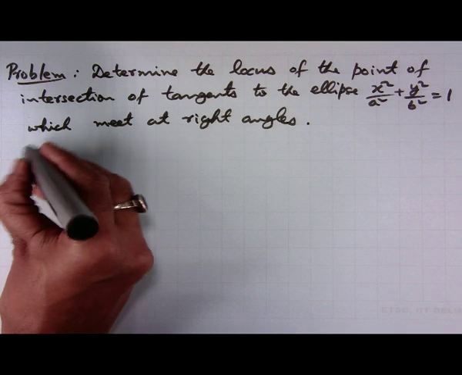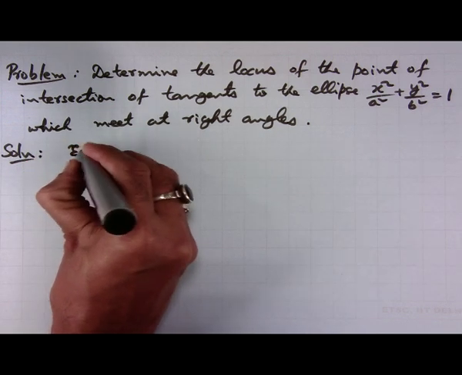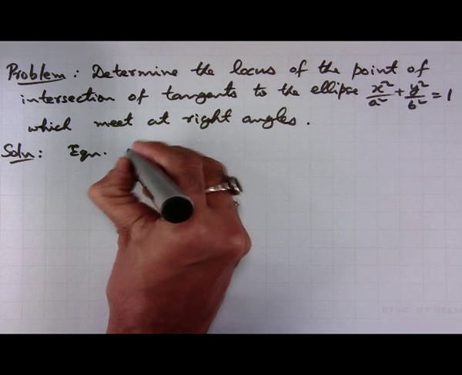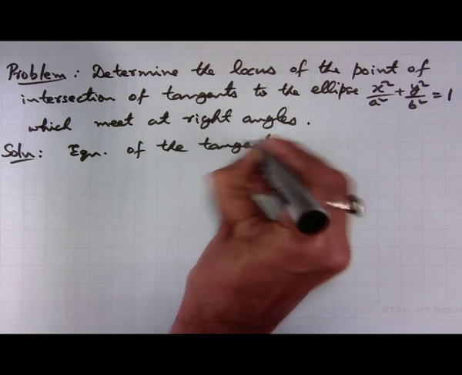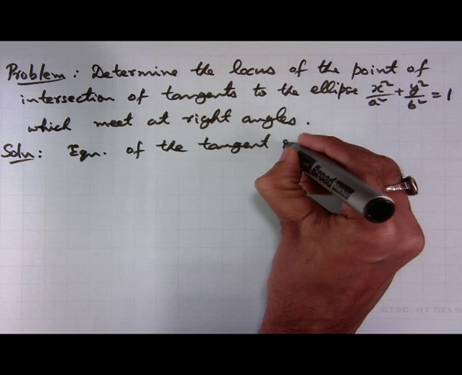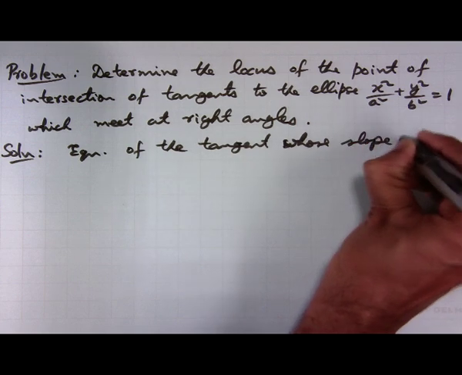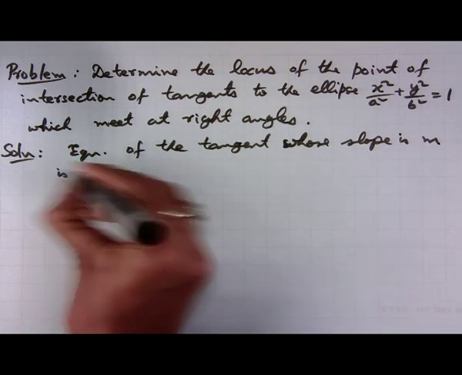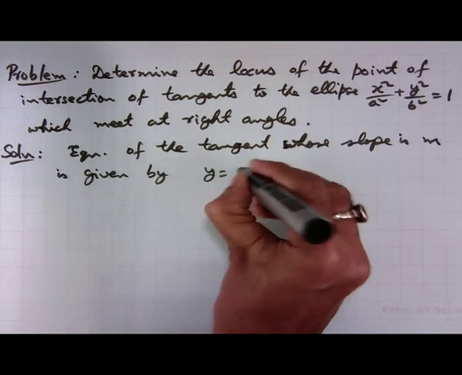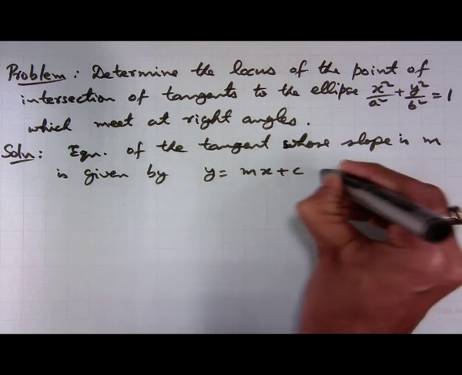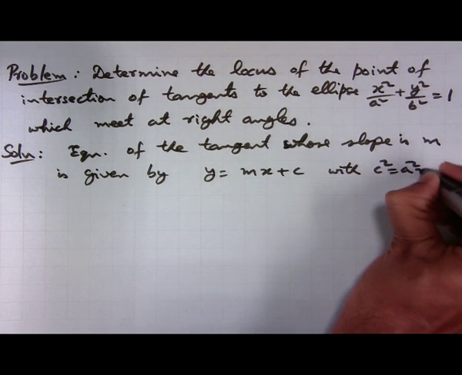So, let us write what is the equation of the tangent. Solution: the equation of the tangent whose slope is m is given by y equal to m x plus c with c square equal to a square m square plus b square.